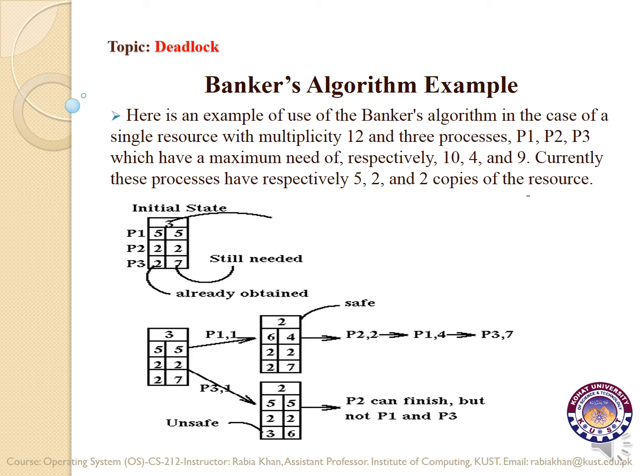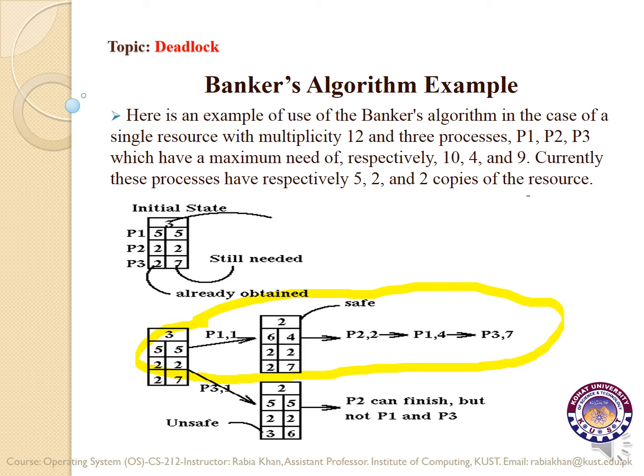See the first assignment sequence, the one I highlighted. So if one resource is assigned to process P1, its remaining resource request would reduce to 4 and remaining instances of resource will also reduce to 2.